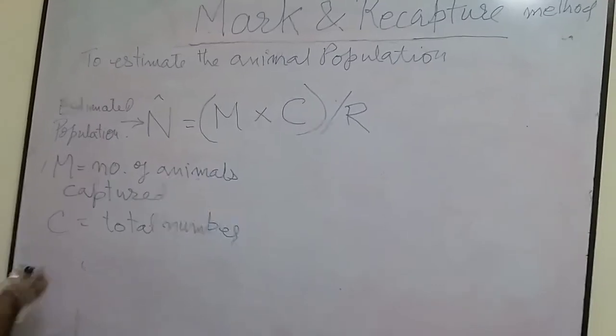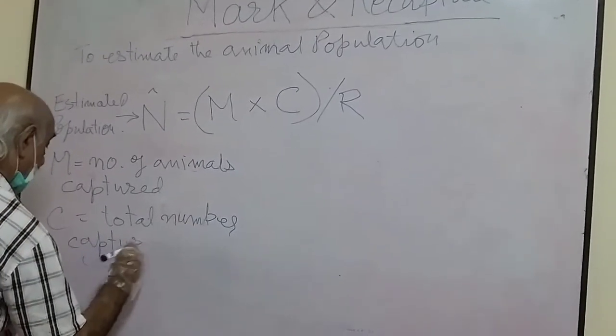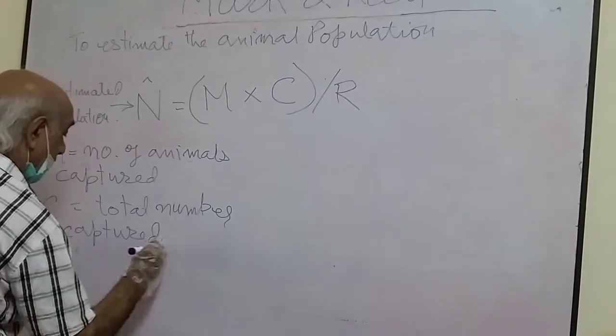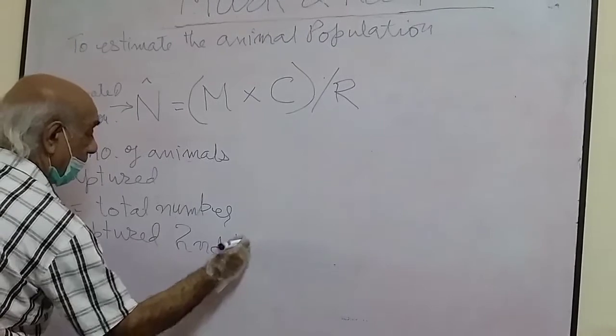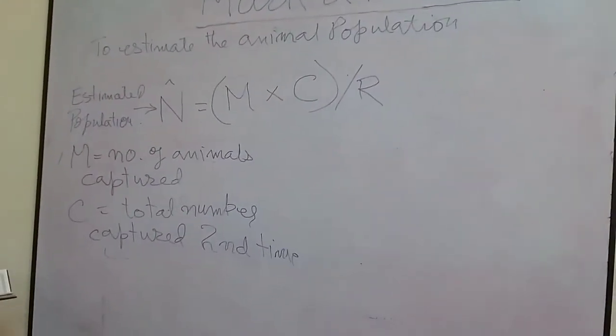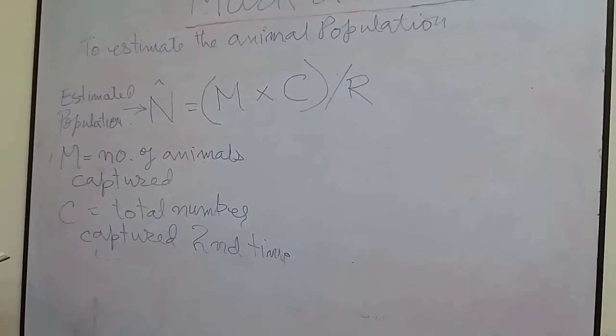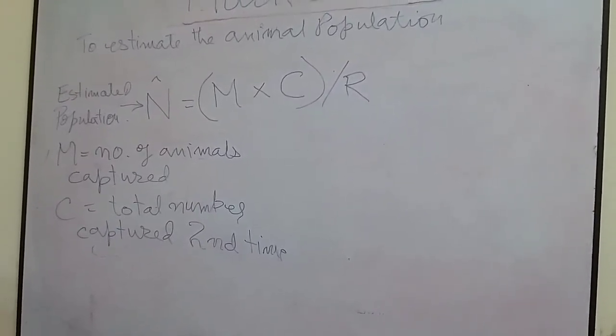C is the total number captured the second time. The second time is generally after 3 or 4 days or a week.